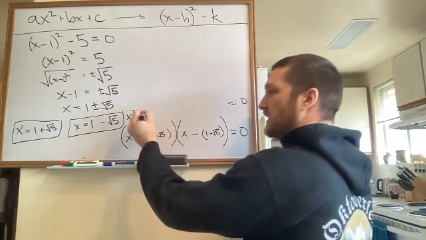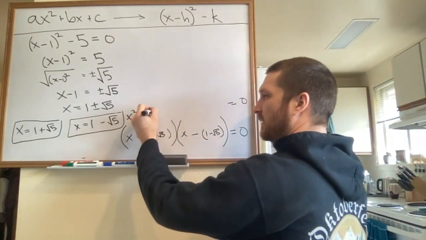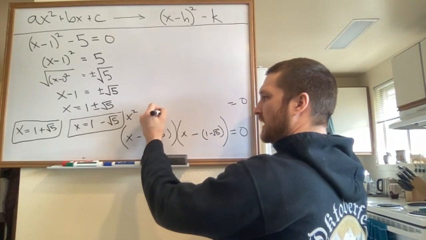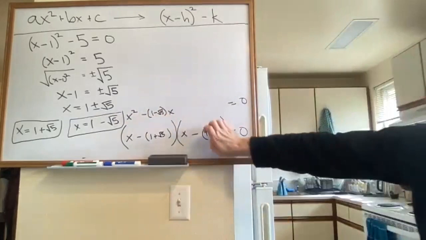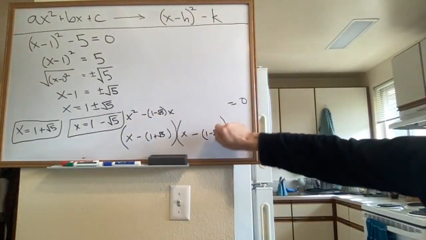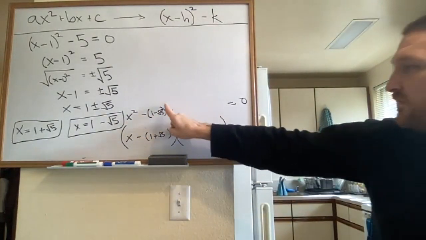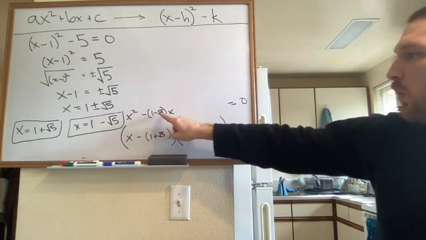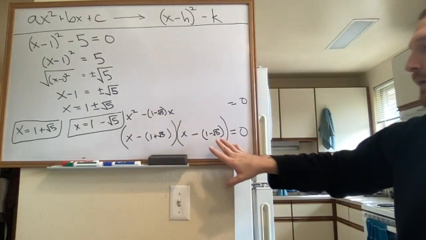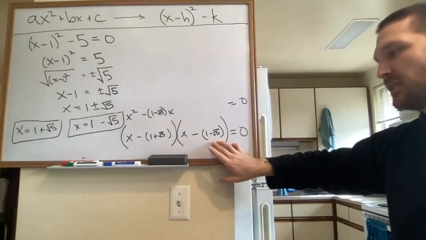So I'm going to write the number first, negative, whatever that number is, happens to be 1 minus root 5, times x. And that's how we did it. If it were a 3, we'd say negative 3x, right? The only difference is it's not one nice whole number. It's just split up. But these parentheses are your best friends here.